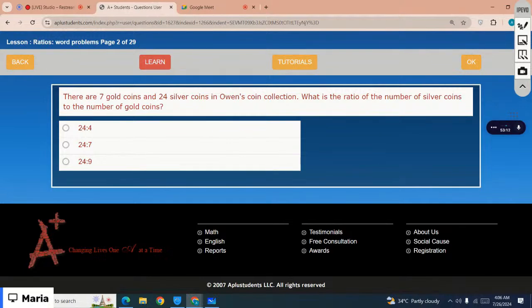Silver coins to gold coins. Very good. That is 24 to 7. Option number 2 is the correct option.